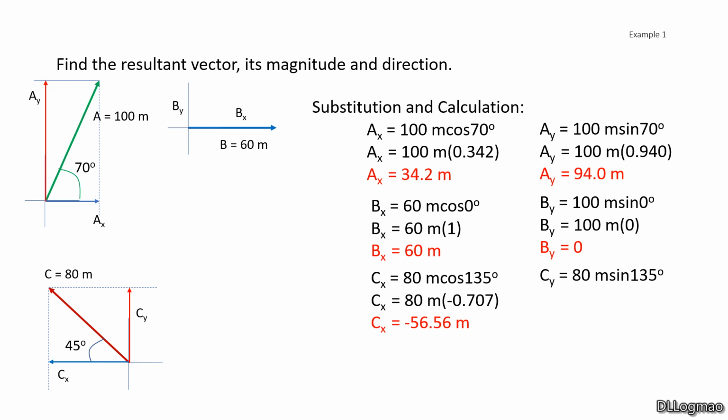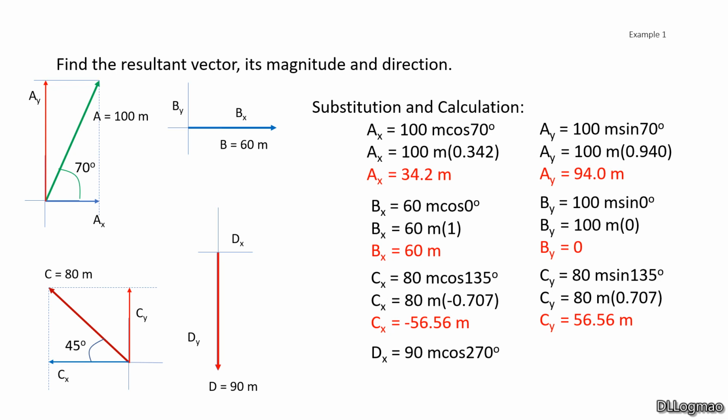The y component of the vector is 80 meters times the sine of 135 degrees. The sine of 135 degrees is positive 0.707. Thus, the y component of the vector is 56.56 meters. How about the components of vector D? The x component is 90 meters times cosine 270 degrees.